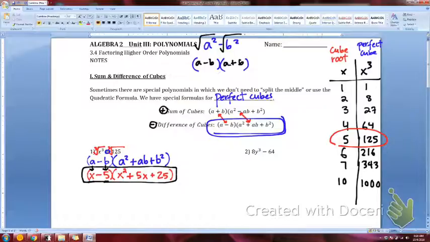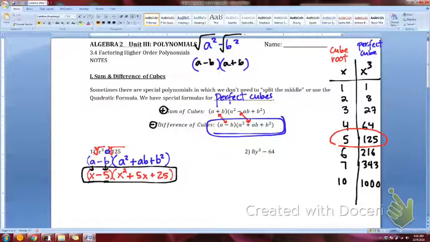That would be fully factored difference of cubes. If you wanted to, you could set up a box and multiply it back through, or set up distributive property and multiply this back through, and you would get x cubed minus 125.